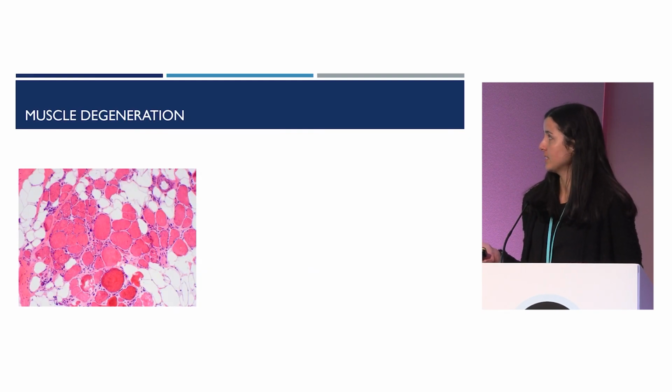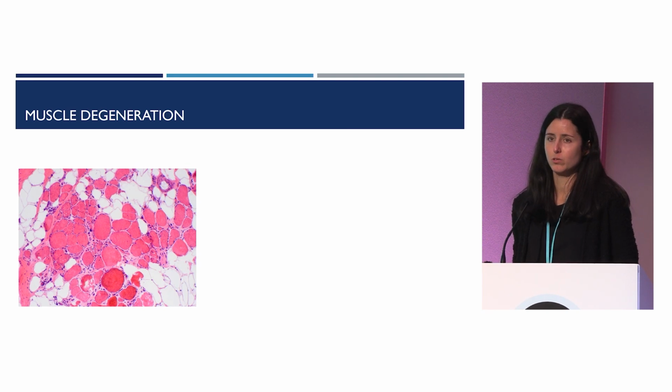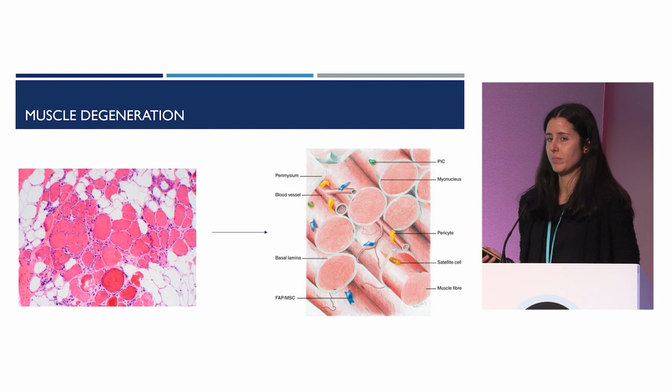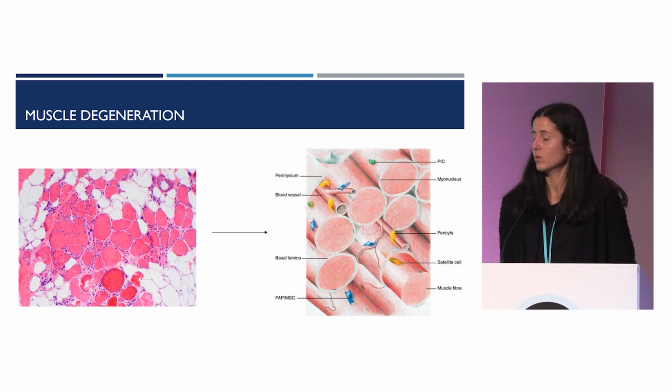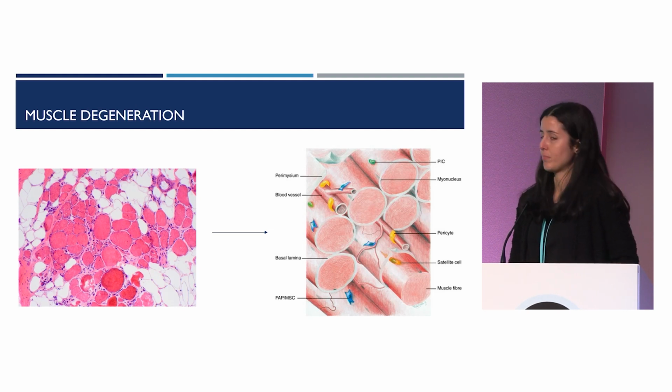Although we know that the muscle degeneration is due to the absence of dystrophin, we don't know exactly what makes that progression keep going. So we know so far that in the muscle, apart from the muscle cells that make the muscle fibers, there are other types of cells involved in the regeneration of the muscle.